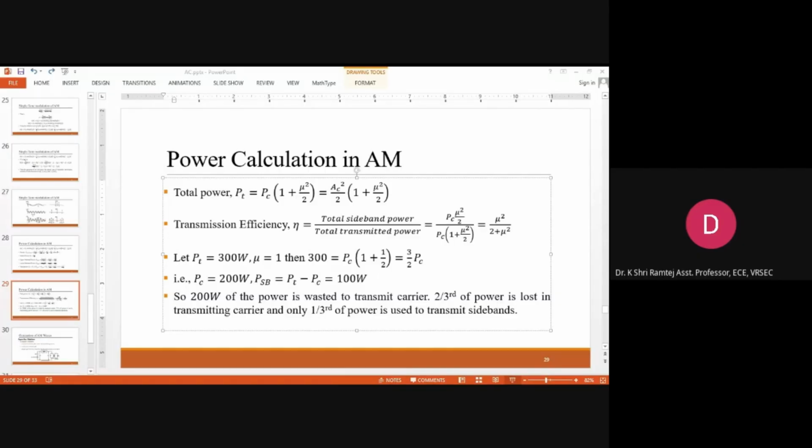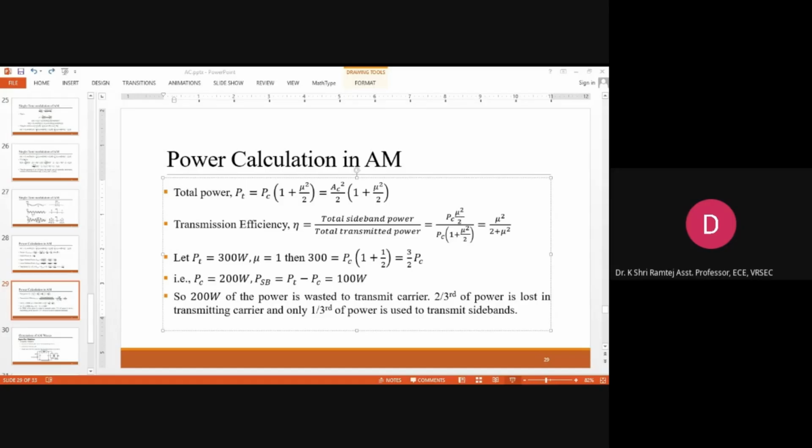So now let us consider an example. Let the total power required to transmit the AM wave be 300 watts, and we are taking modulation index mu as 1. Substituting in PT equal to PC into 1 plus mu squared by 2, 300 equal to PC into 1 plus mu squared by 2, so it will be equal to 3 by 2 PC.